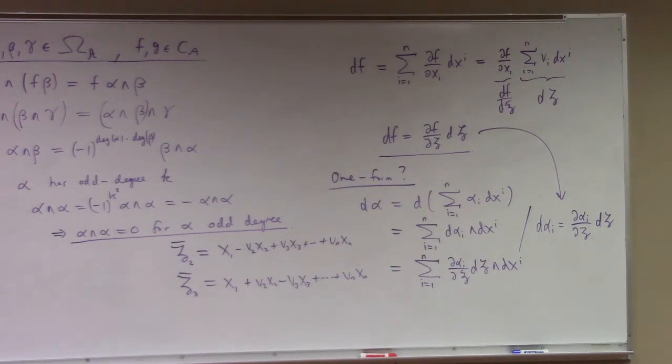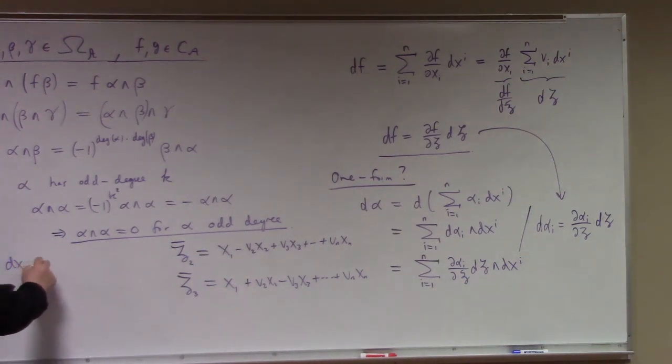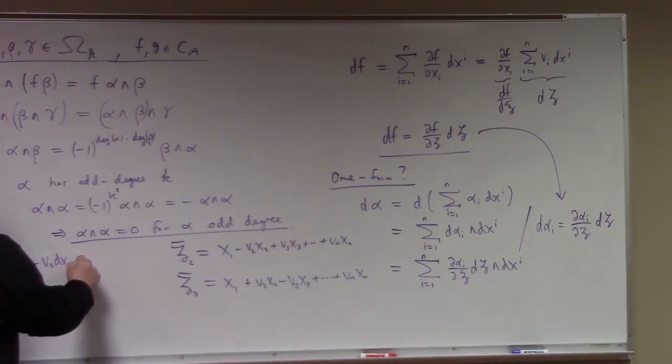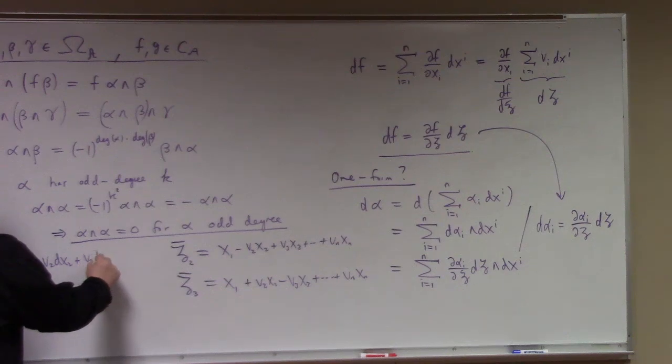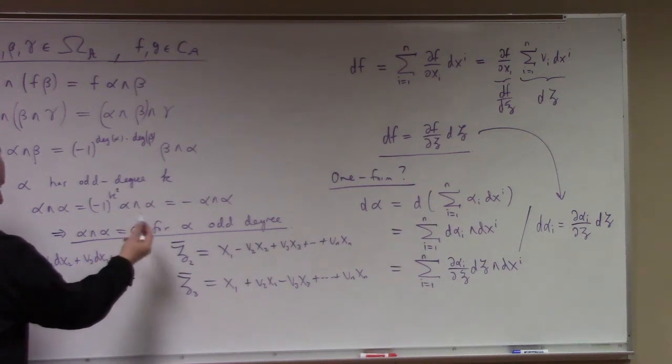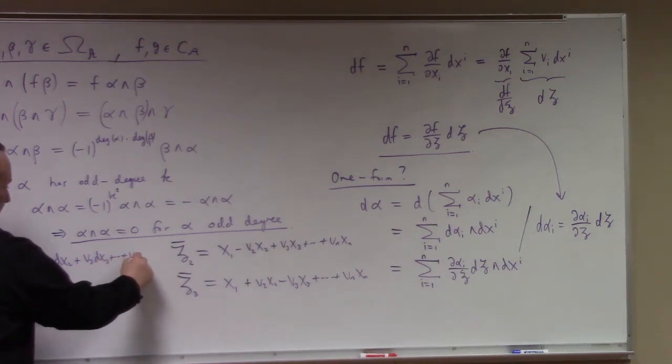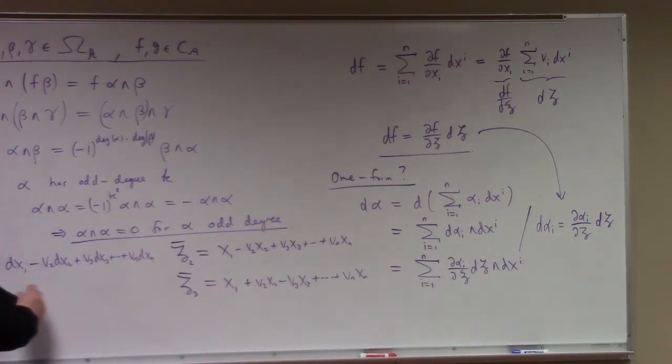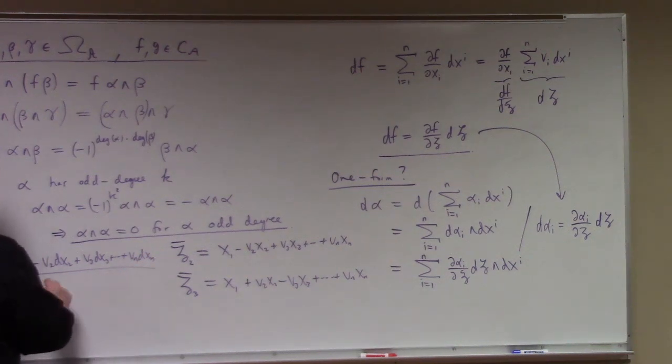So you see naturally then what the d zeta_2 should be, right? The indices are down again.